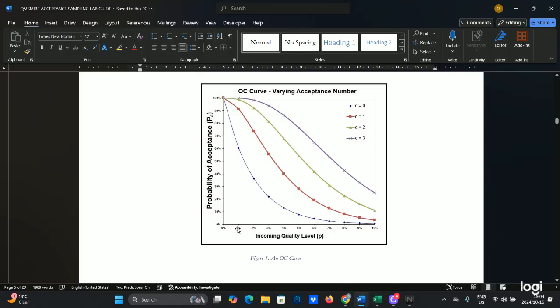When C is 1, the probability of acceptance decreases from 100 to somewhere here, maybe let's say 90. When C is 2, the probability of acceptance also decreases, because as C goes up, they risk accepting more defectives.